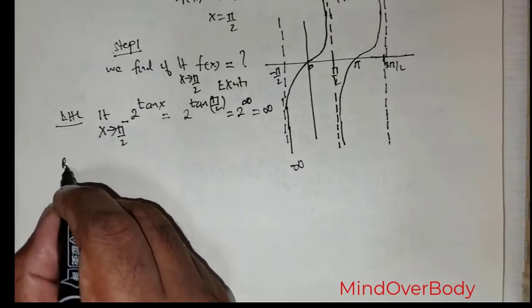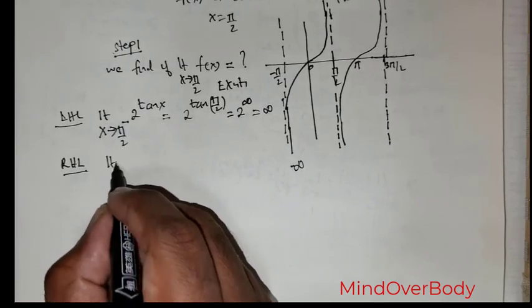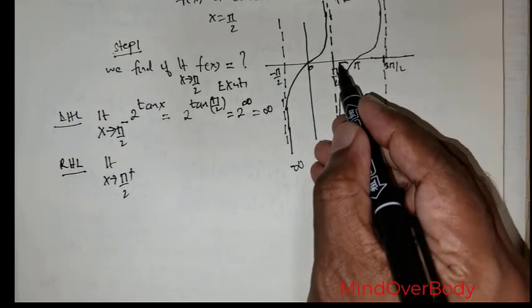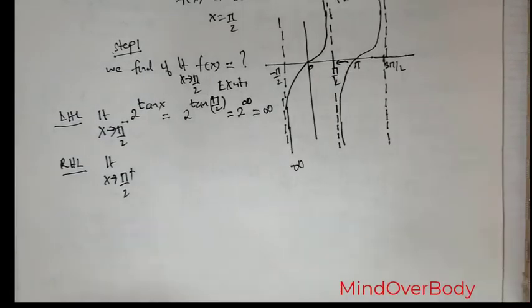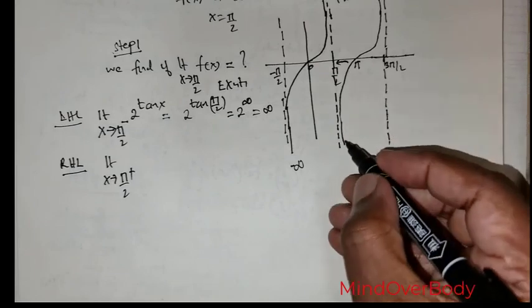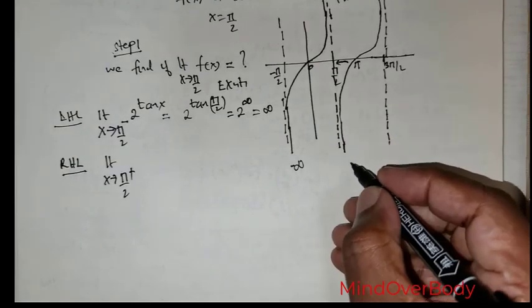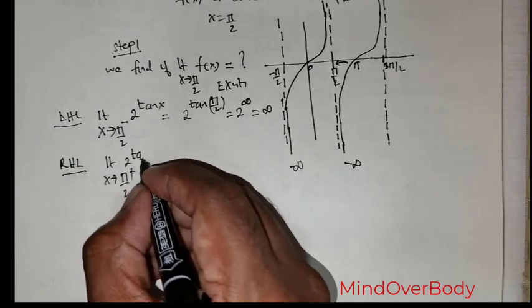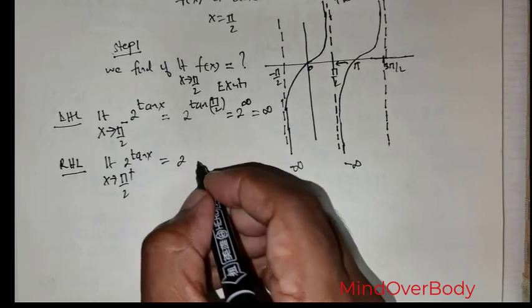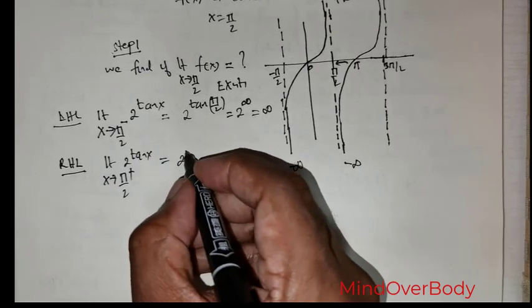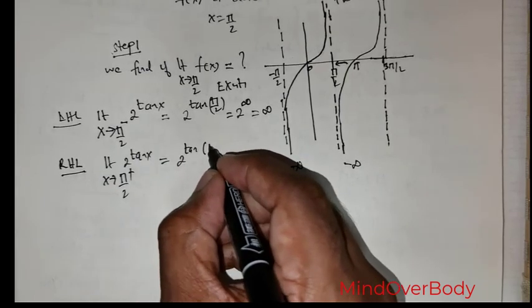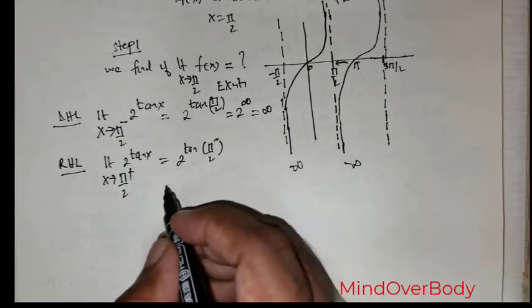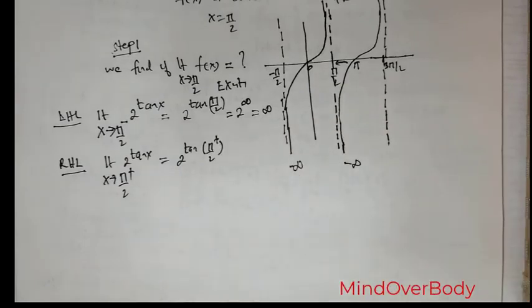Now let us study the right hand limit, that is, the limit as x tends to pi over 2 from the right side. This is how x is going towards pi over 2 from the right side. Now you can clearly see the function will be going towards negative infinity. So 2 raised to the power of tan x is equal to 2 raised to the power of tan of pi over 2 approached from the right hand side.